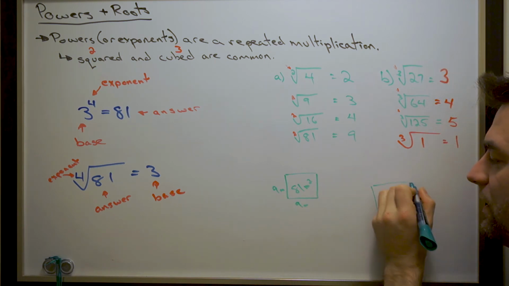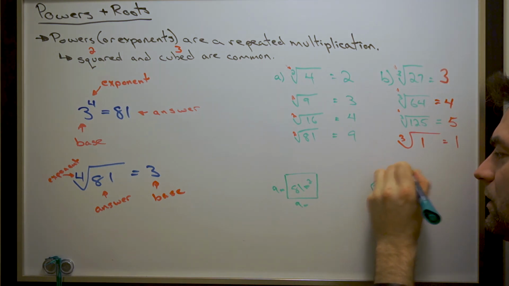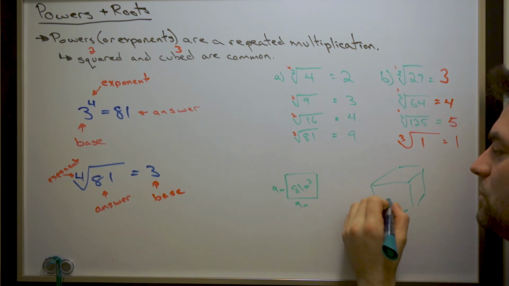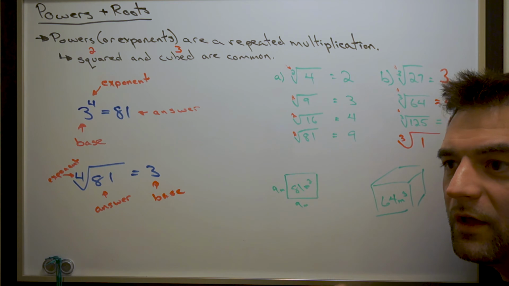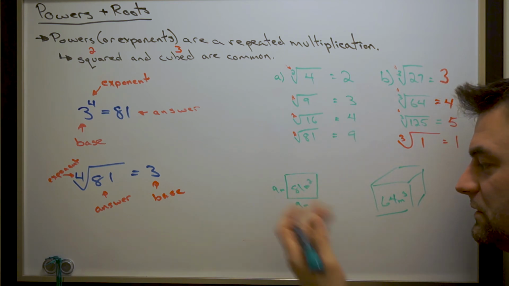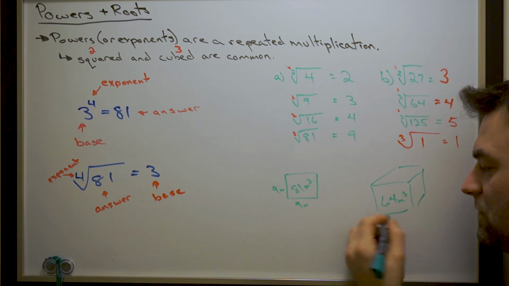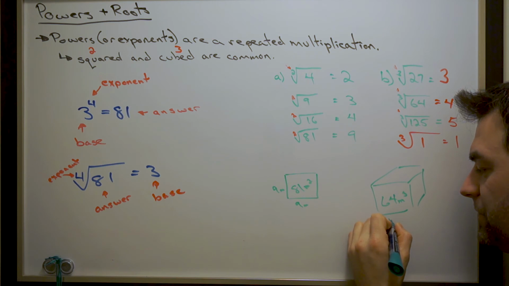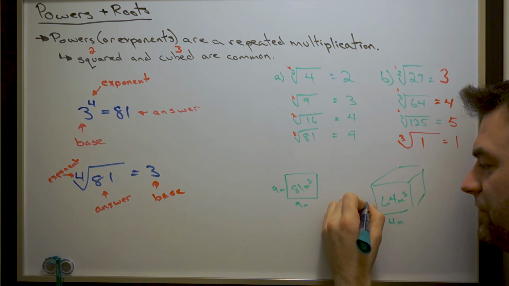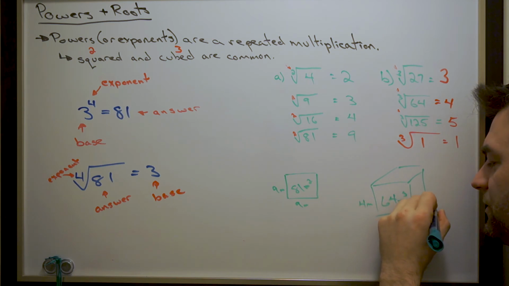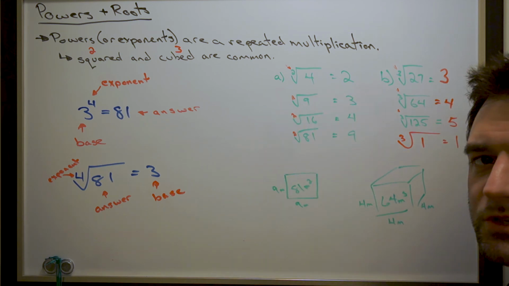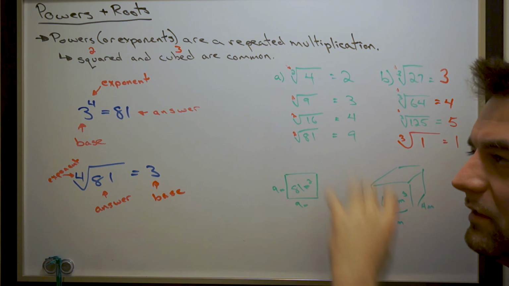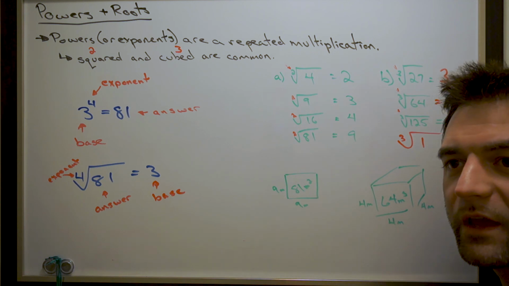If you had a cube and the volume of that cube was 64 meters cubed, what would the size of the different sides be? Well, you'd have to have 4 meters by 4 meters by 4 meters. And so you can again use that visualization idea a little bit with square roots and cube roots.